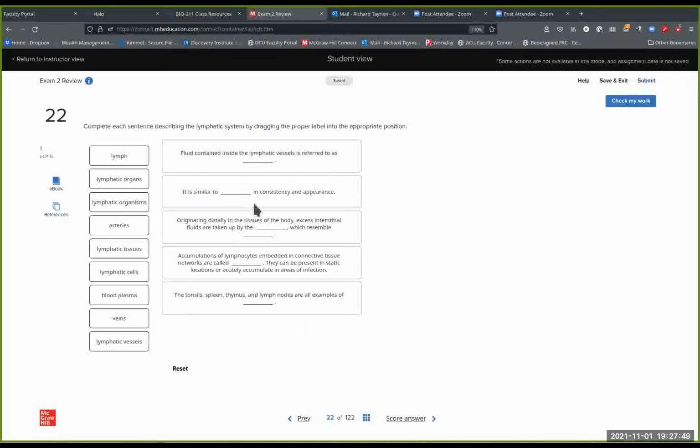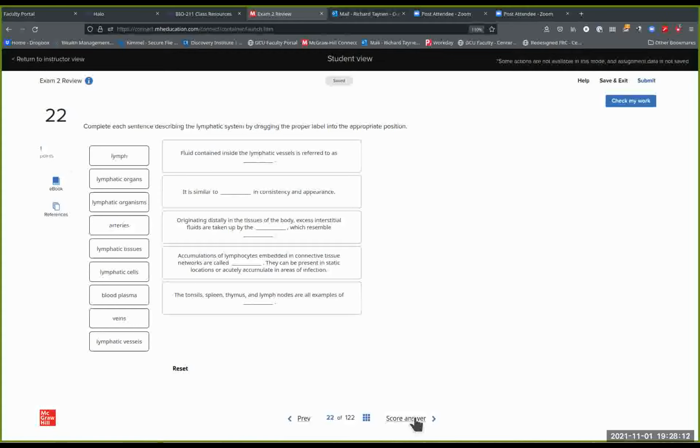Okay. I think this is probably a level of detail that we don't need. We're going to know the difference between lymphatic organs, lymphatic tissue, lymphatic cells. Organs are those things you know about: thymus, lymph nodes, spleen.